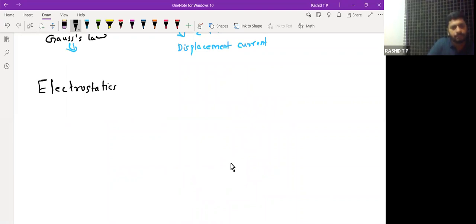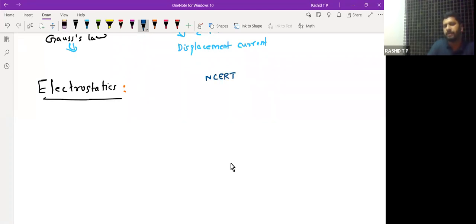Electrostatics. Then what are the books to be followed? If you are really working hard, and I think most of you are, then start your reading with the NCERT textbook.